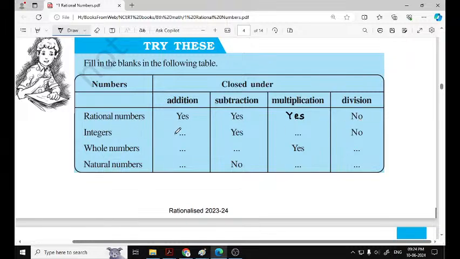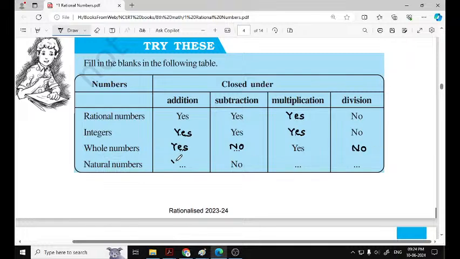Integers are closed under addition, subtraction, multiplication and not division. Whole numbers are closed under addition, not closed under subtraction, closed under multiplication and not closed under division.